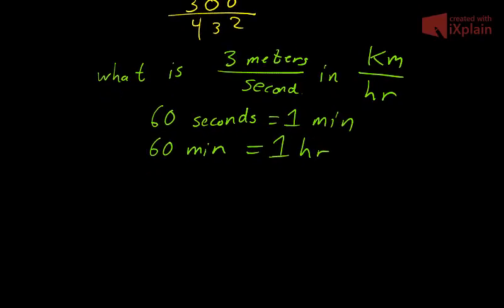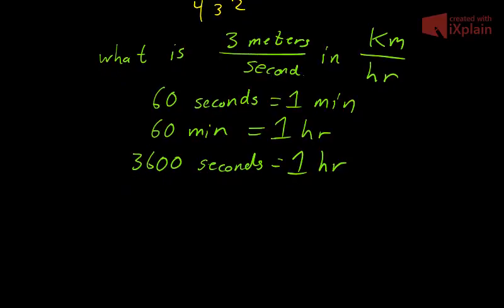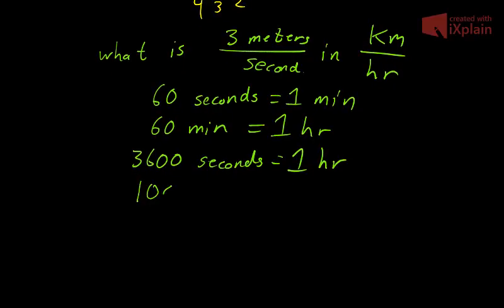And if you're really on top of things, you might know that there's 3,600 seconds in 1 hour. So now that we know that 3,600 seconds is an hour, we still need to relate our meters to kilometers. And I'll just give you guys that 1,000 meters is equal to 1 kilometer.